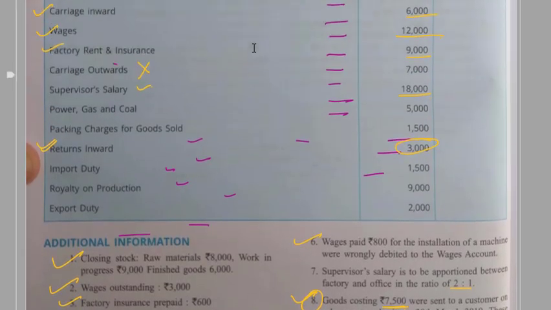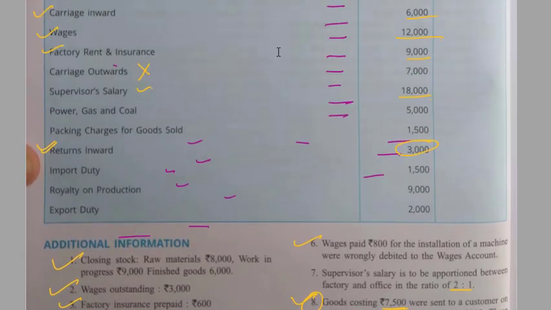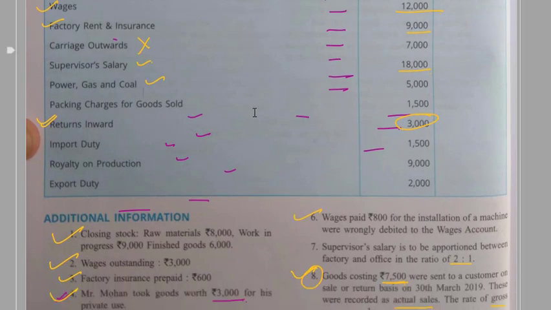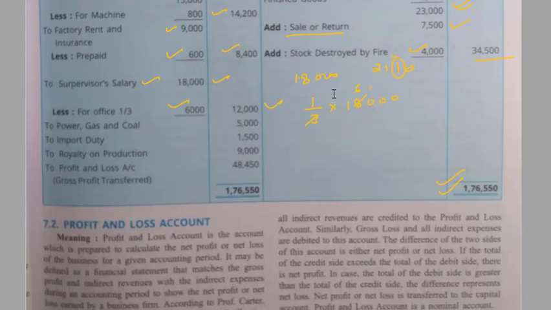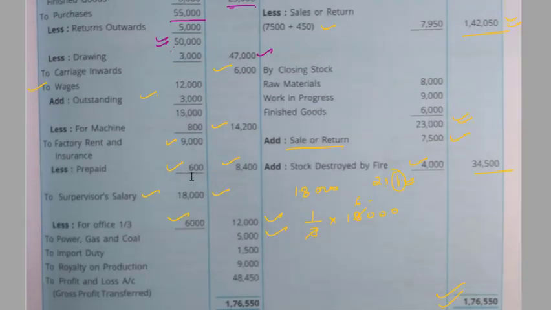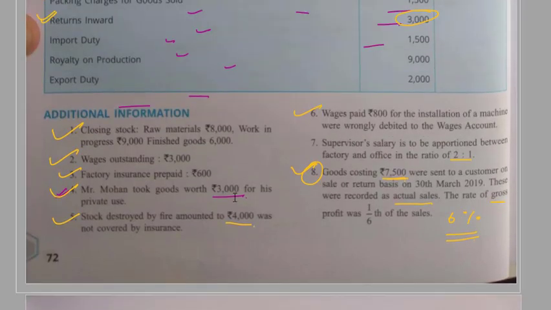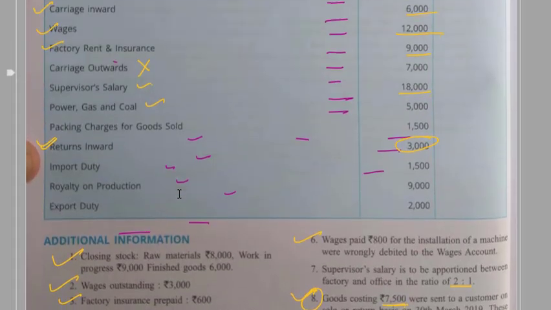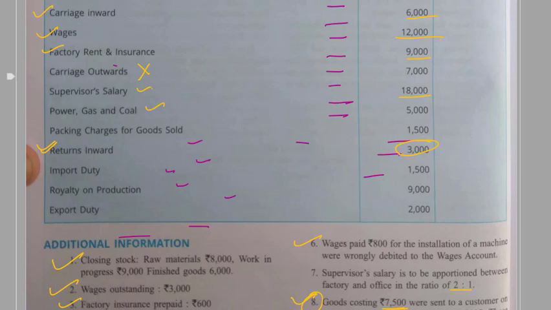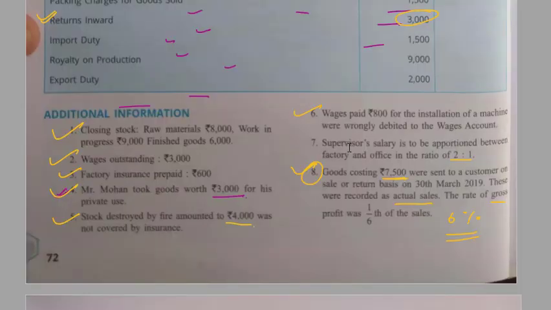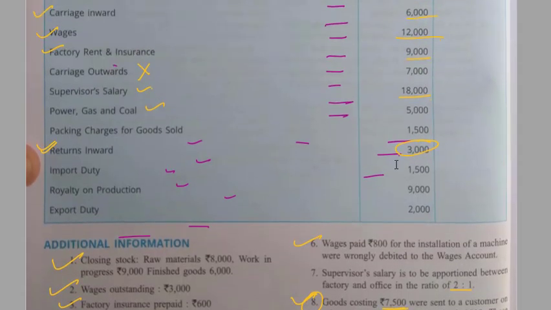Then the other items are power, gas and coal, that is 5,000. Then packing charges for goods sold. This packing charges is office work kind of thing, so it is included in profit and loss account.